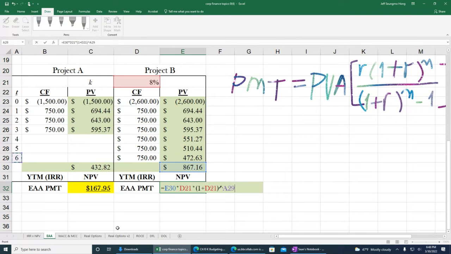Because the second project has 6 years, right? Divided by 1 plus r raised to 6 minus 1, close parenthesis, and hit enter. There you go.